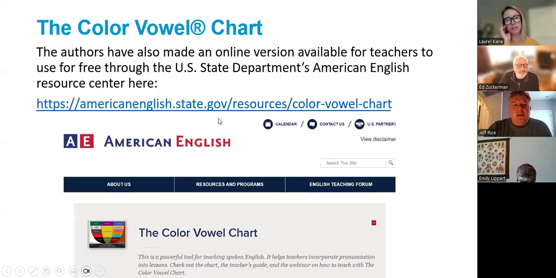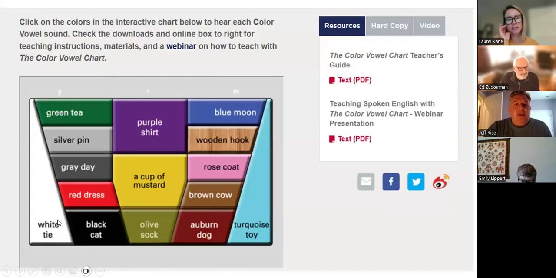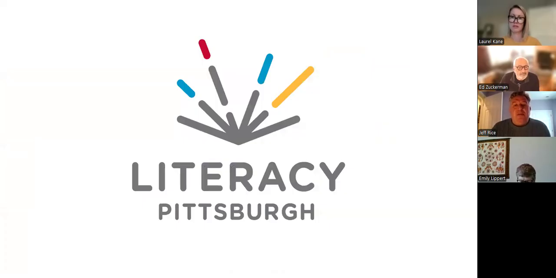And again, this is the website where you can access the interactive tool, and you can also find more information in PDFs available about how to use it and how to introduce it in your classroom. Some of which I shared with you today, some of which you can find more information about there.